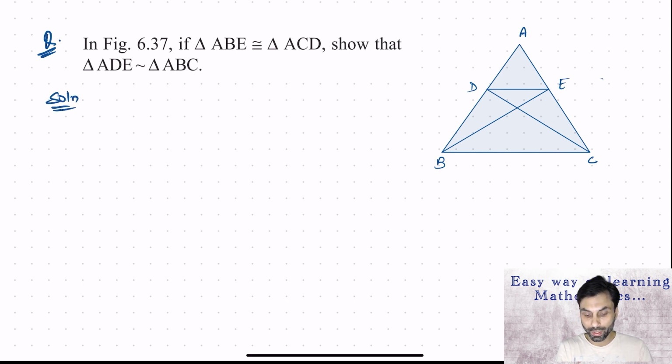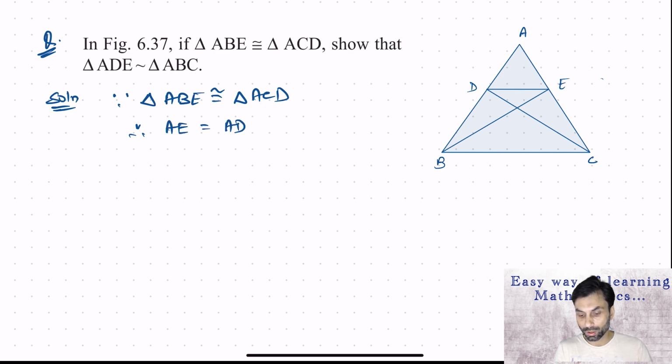So in order to prove it, since triangle ABE is congruent to triangle ACD, their corresponding parts will be equal. Therefore, we have AE equals AD, and we also have AB equals AC.